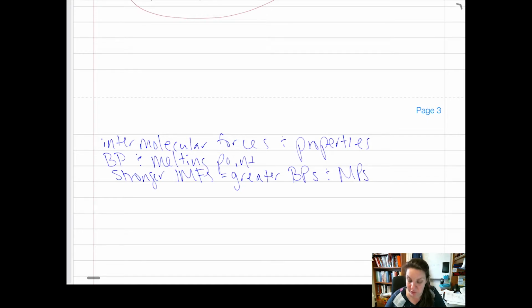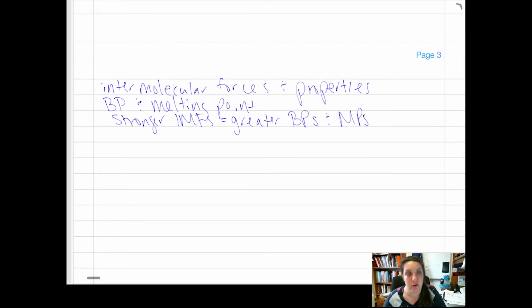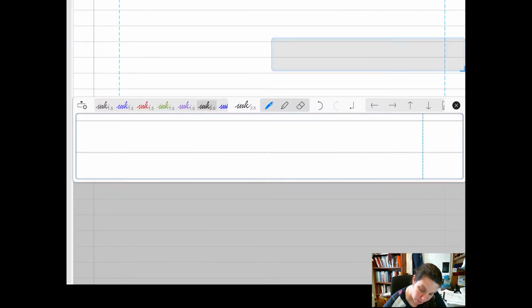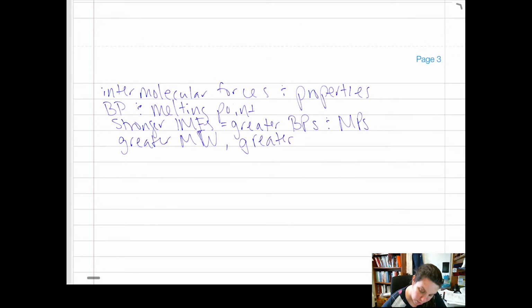If we are dealing with nonpolar molecules, greater molecular weight or greater surface area will also give us greater boiling points and melting points.